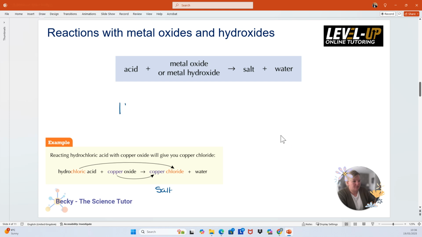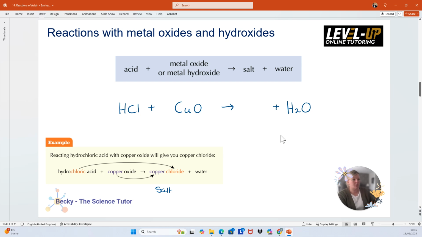So if we do this in terms of symbols, HCl plus our copper oxide, which is CuO. Now remember we're always going to have those H plus ions react with those OH minus ions and produce the H2O.